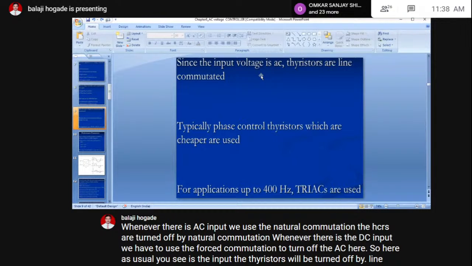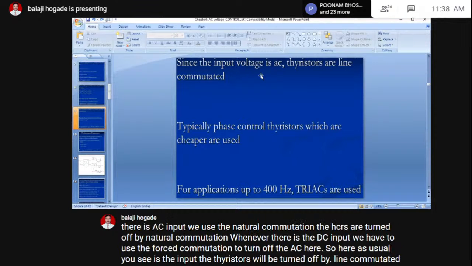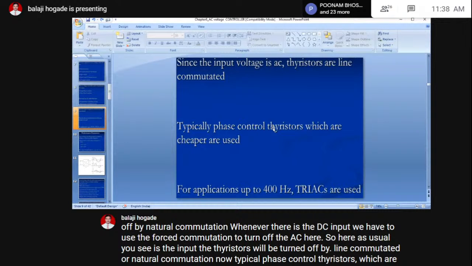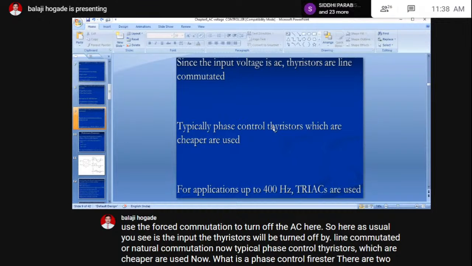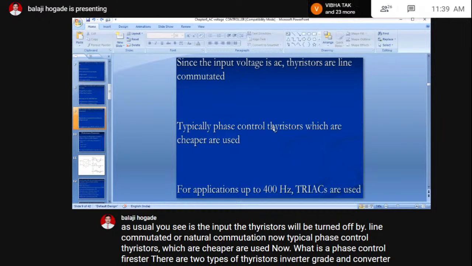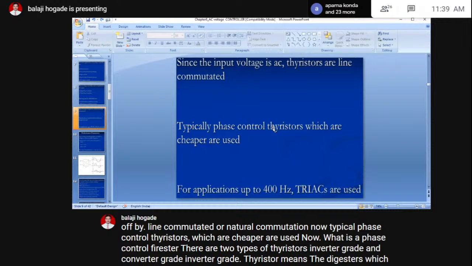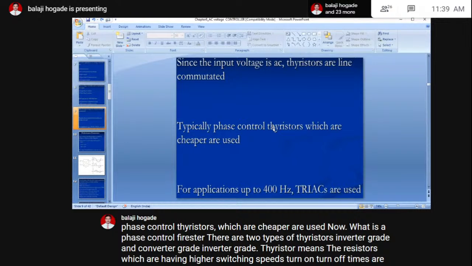Now, typical phase control thyristors, which are cheaper, are used. What is a phase control thyristor? There are two types of thyristors, inverter grade and converter grade. Inverter grade thyristor means the thyristors having higher switching speeds, with turn on and turn off times less.